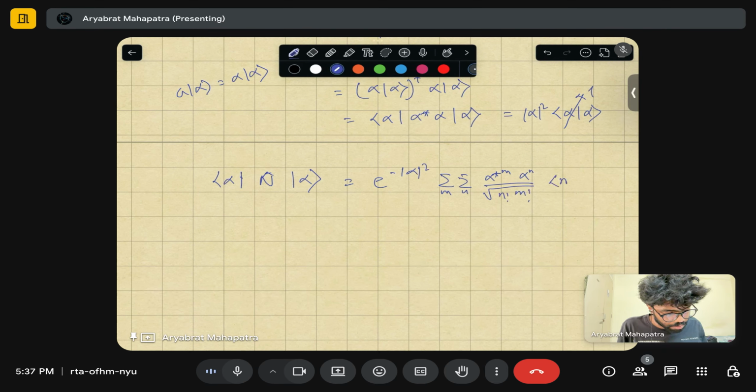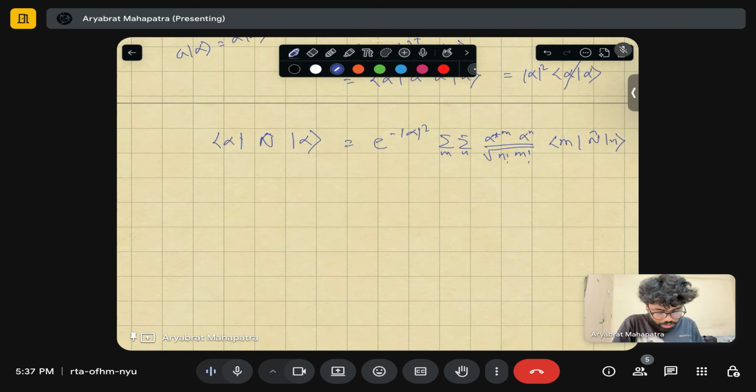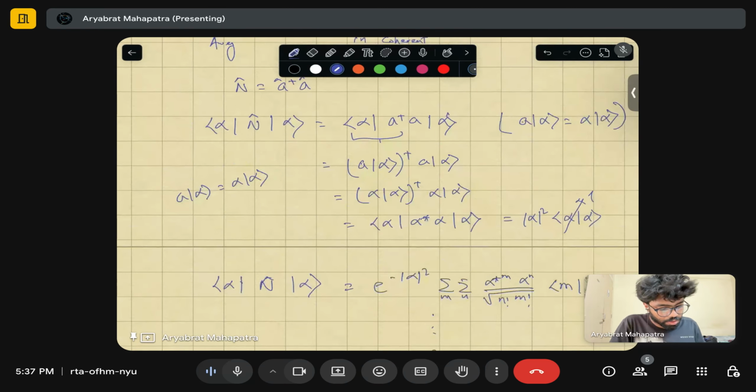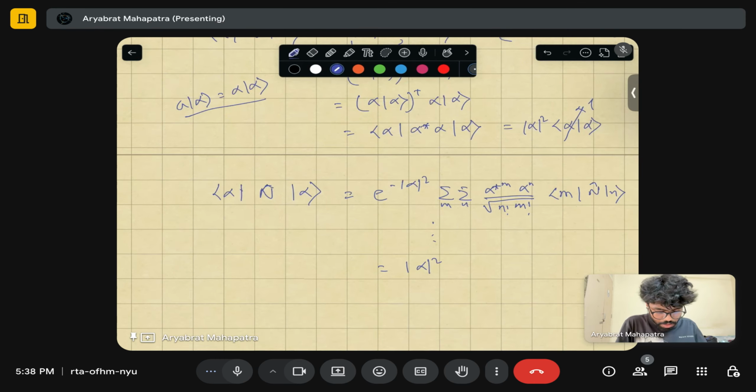Using this approach also you would have found this to be alpha square. But the one which we saw right here using this definition of coherent state, we can easily prove this to be alpha square.